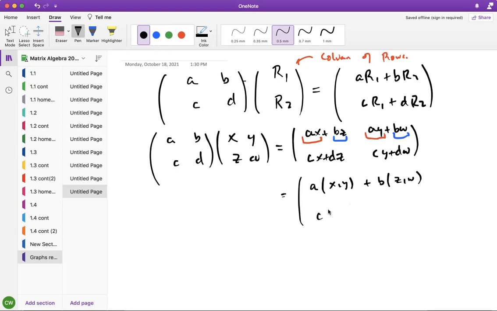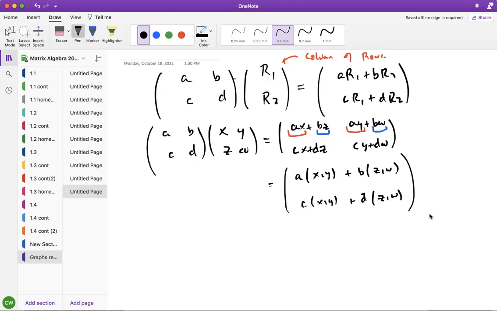And similarly, you have C times XY, and then D times ZW. So this actually might make calculation a lot easier for your own matrix multiplication.